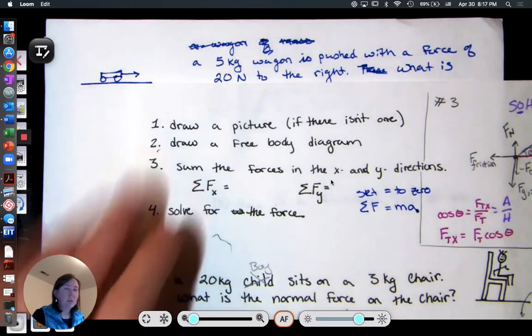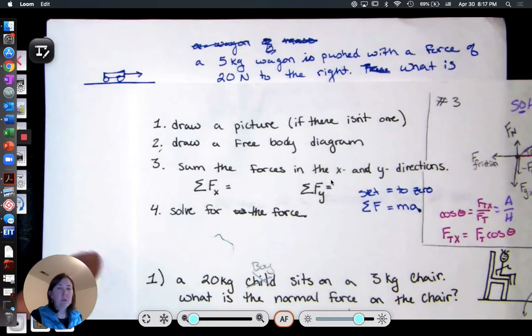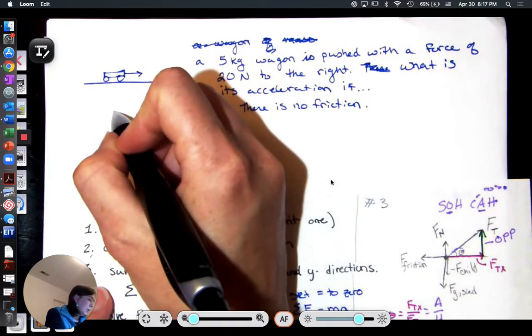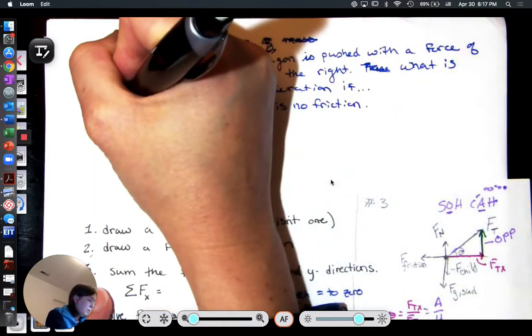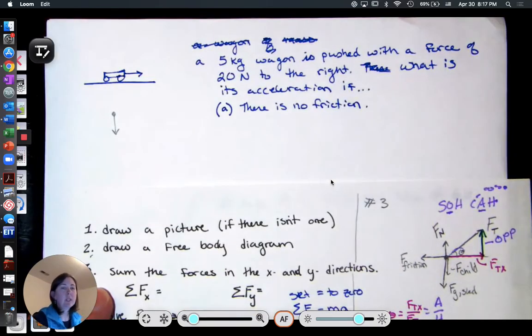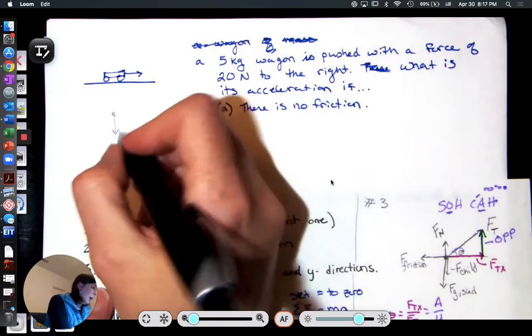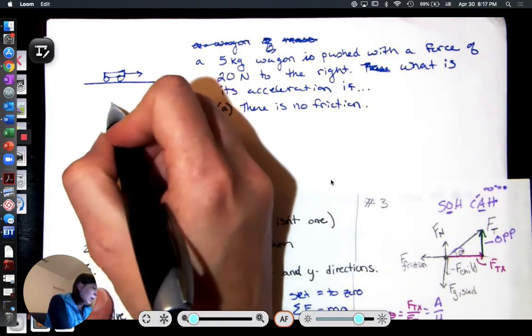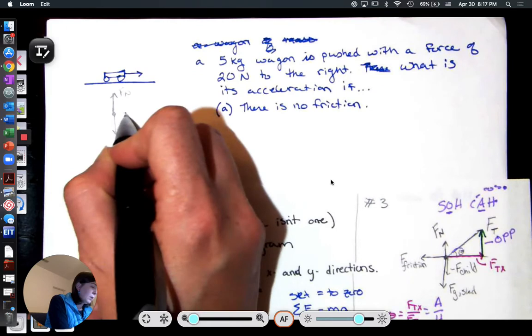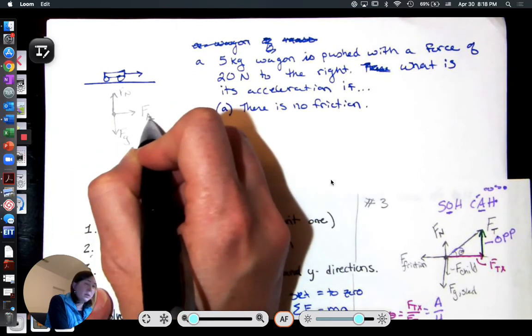We have a picture, then we want to draw a free body diagram. So here's the dot for my wagon. The forces acting on the wagon are gravity, always gravity pointing straight down, labeled Fg, and the normal force, Fn. I'm just going to call this Fa, the applied force.